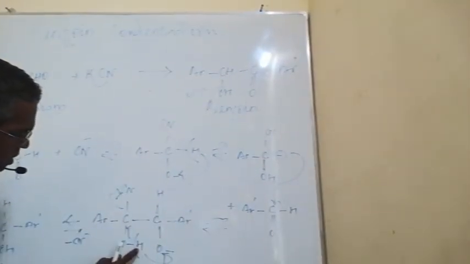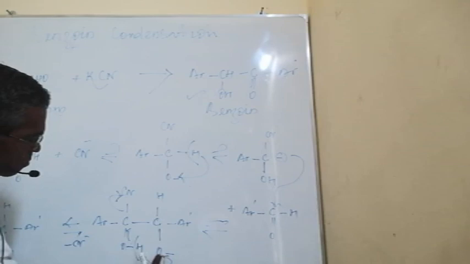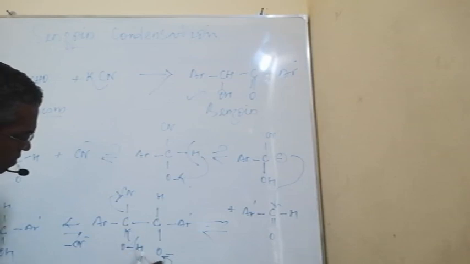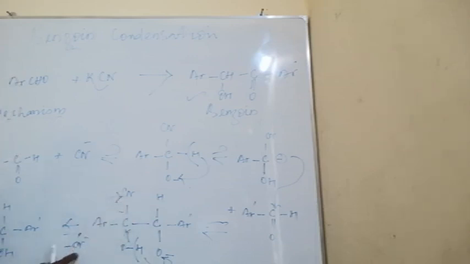The next step is the removal of this proton to this O minus, converting this O minus into OH, and the bond left after the removal of the proton will convert the C single bond O into C double bond O. Simultaneously, removal of this CN as CN minus takes place, and finally this leads to the formation of this particular benzoin as the product.